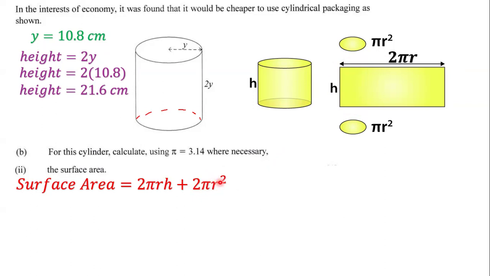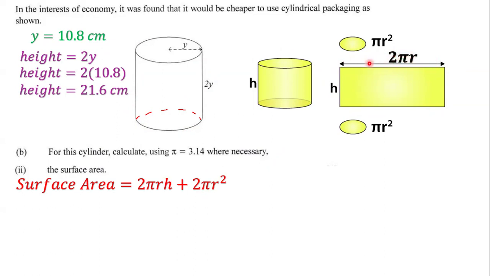Now we need to figure out the area of this part that wraps around. It's actually a rectangle, and we wrap that rectangle in such a way that this side meets with that side. The length of this side of the rectangle is h, that's the height, and the length of this side is 2 pi r.